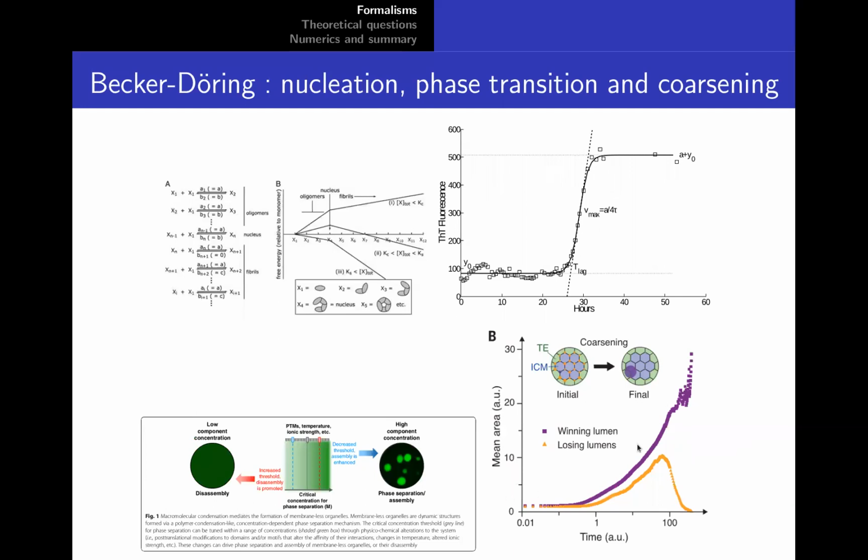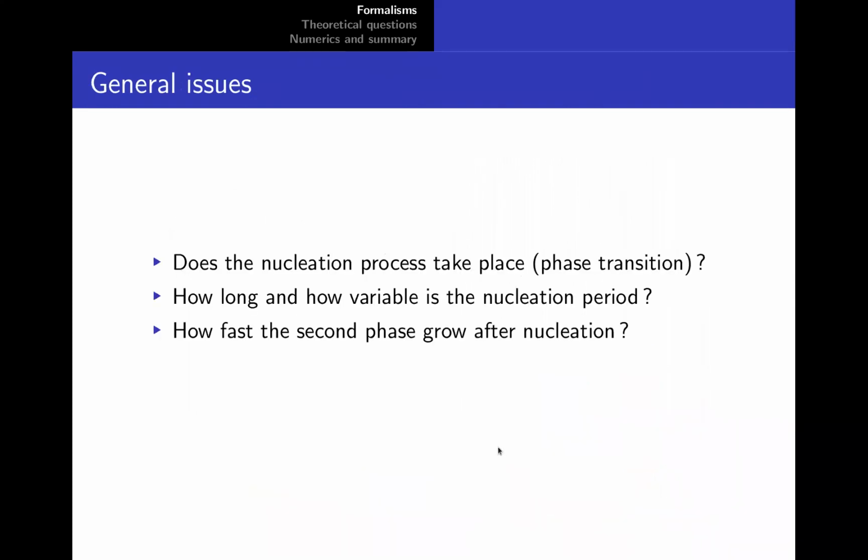And it's also occurring in cavity formation, for instance in the embryo, where you have small droplets initially appearing, and then one big cavity emerges through a mechanism that is believed to be similar to nucleation in physics.